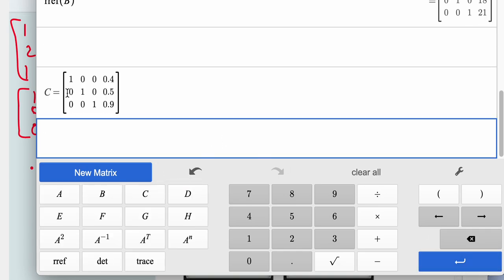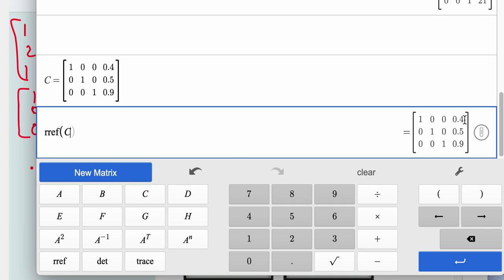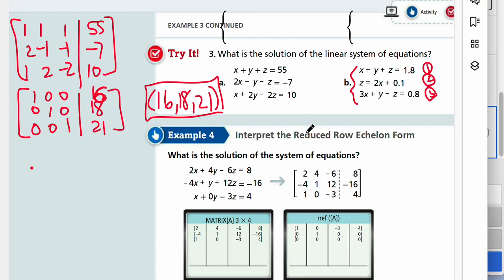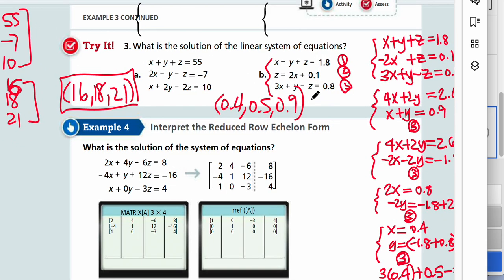Okay, so that's matrix C, and we're going to get the reduced row echelon form of C, and that's 0.4, 0.5, 0.9. So you can either write it as a fraction or decimal. Decimal would be 0.4, 0.5, 0.9, or you could say 2 over 5, 1 over 2, and 9 over 10. Okay?